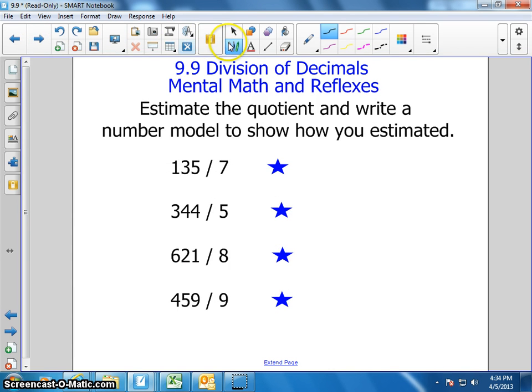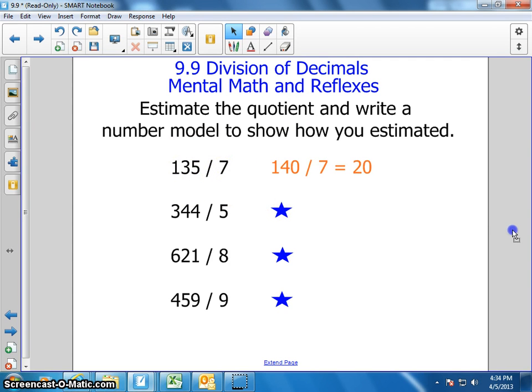When doing division and multiplication, it's really good to be able to estimate, so you can get an idea of what the answer needs to be. So, can we estimate what the answer of this would be? What do you think? Did you get the answer? Did you round 135 up to 140 and get about 20? What about the next one? It would be about 70.